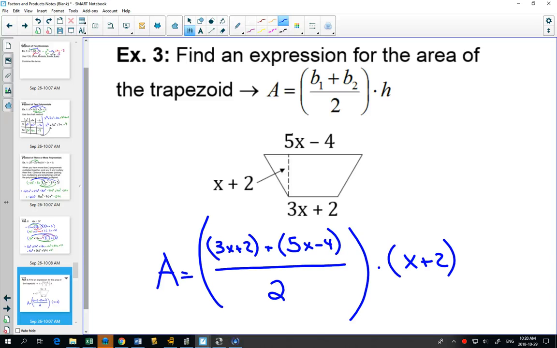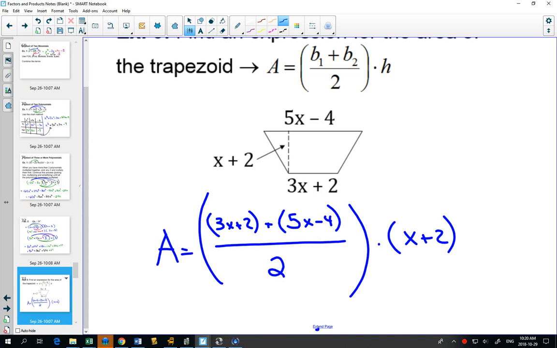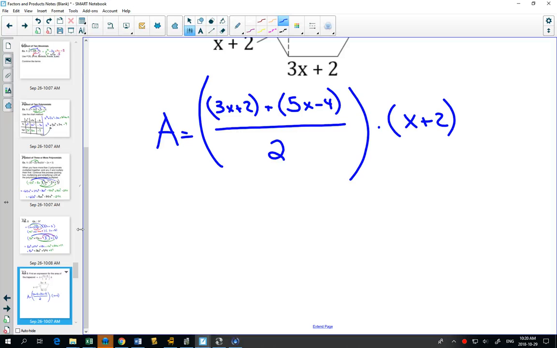So now we just have to do the algebra in the same way we would do numbers. Okay? What would you put together first if this was numbers? If it was 5 plus 7 all divided by 2 times 6, what would you do first? You would do the top and add them together, right? So we would get area equals bracket, bracket, all divided by 2.